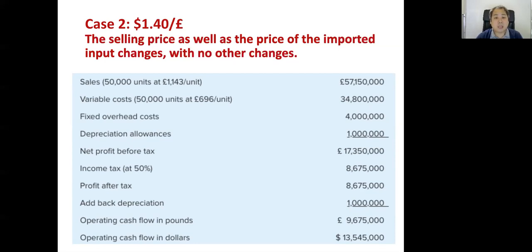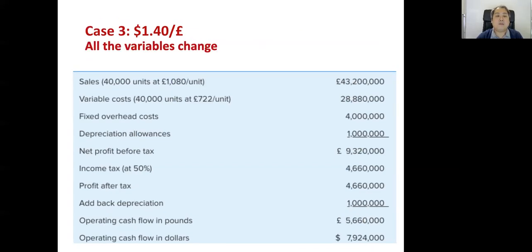However, in many cases, they cannot do that. So let's say all variables are changing now because they raise the price. Now the number of sales declines, right? They change the sales volume, sales price, and the prices of both locally sourced and imported input change, everything.